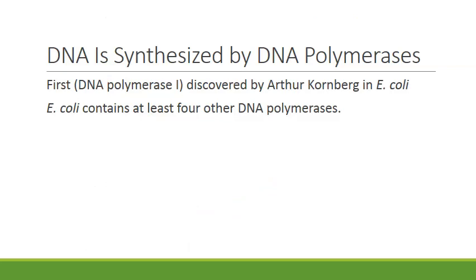So DNA is synthesized by the enzyme called DNA polymerase, or DNA polymerases, and every organism that copies its DNA has a version of DNA polymerase. The first DNA polymerase ever discovered was in E. coli, and E. coli contains DNA polymerase 1 as well as 4 other DNA polymerases.